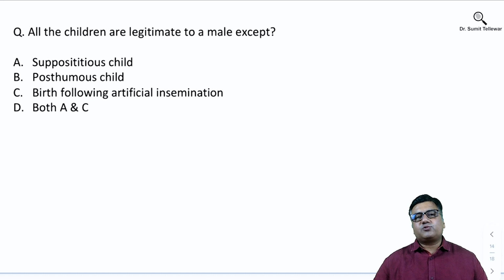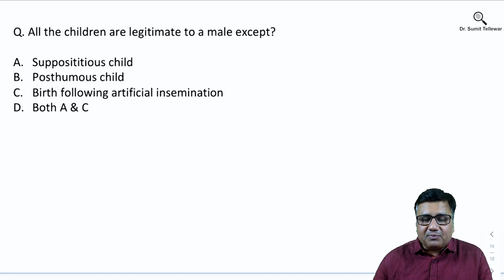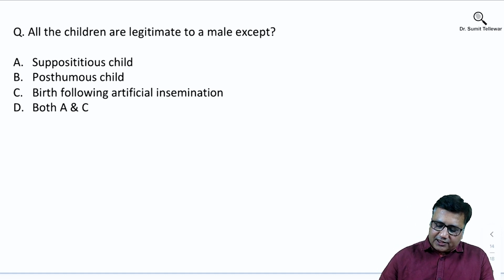Let's take the next question. All the children are legitimate to a male, except. Now, what is this legitimacy?